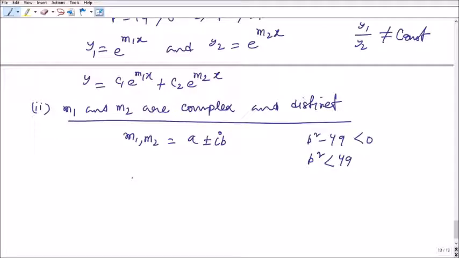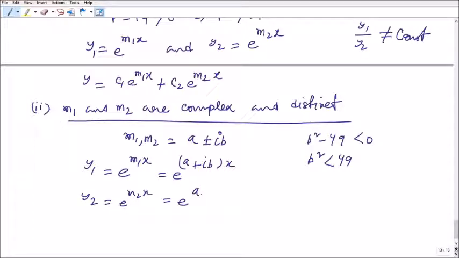The two independent solutions are y1 equal to e to the power m1x, that means e to the power a plus ib into x, and y2 equal to e to the power m2x, that means e to the power a minus ib into x.